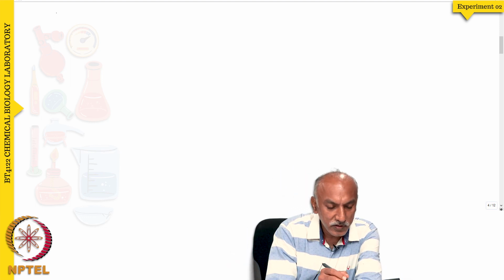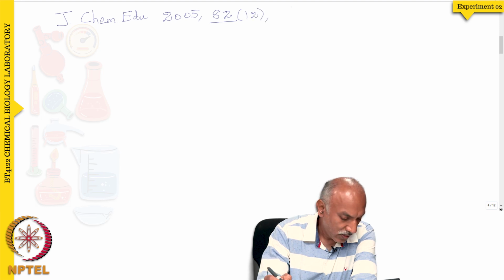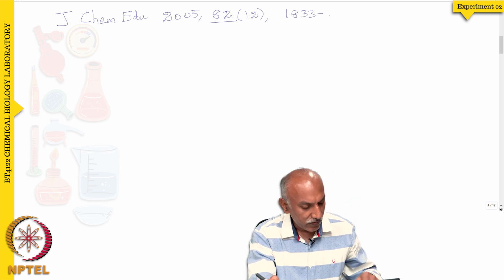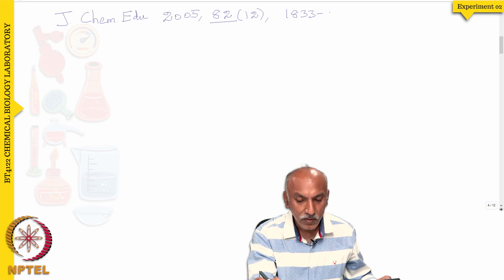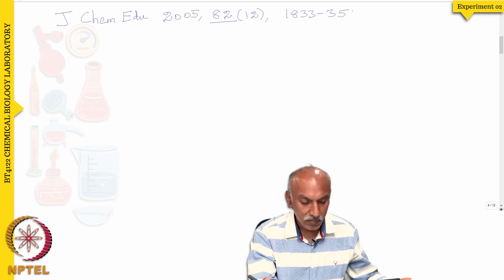This experiment was done using the reference Journal of Chemical Education, the year was 2005, the volume number is 82 and issue number was 12 and page number is 1835.